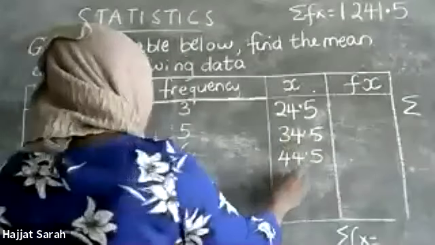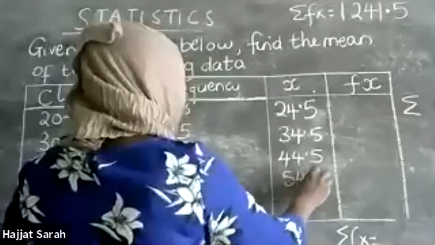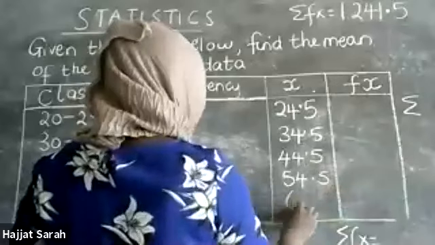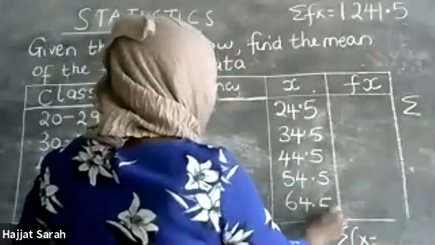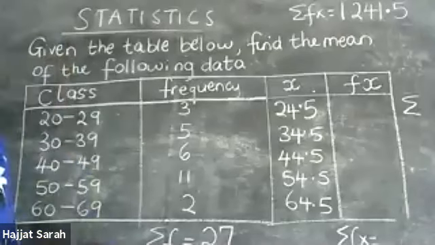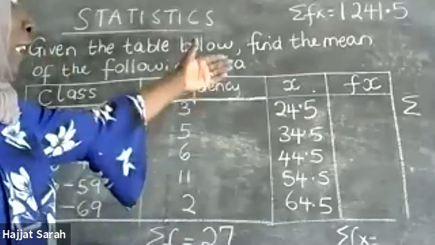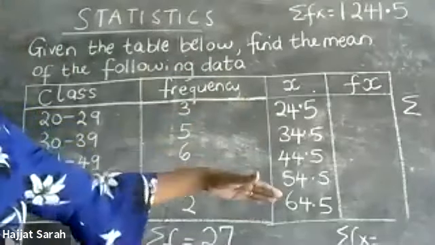Then the next one will be 54.5. And finally, you'll have 64.5. Okay. So when you get used to it, you see that the pattern will be very clear. It will be easy to get.